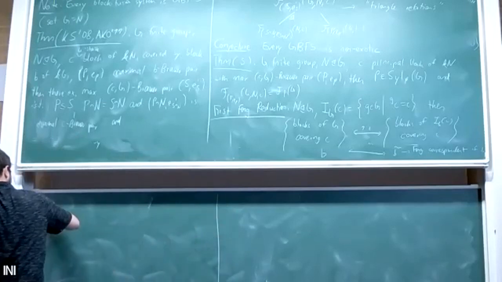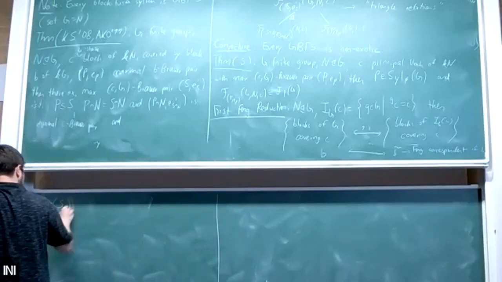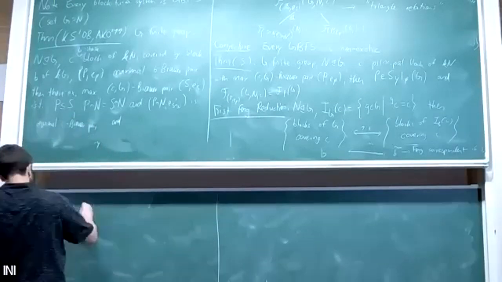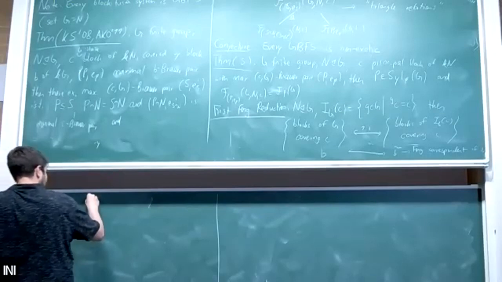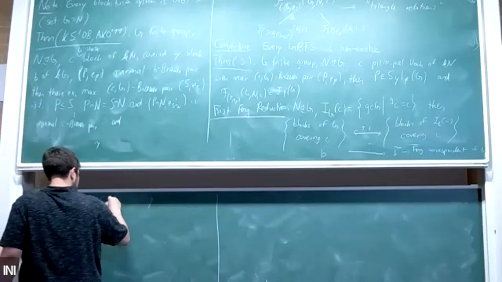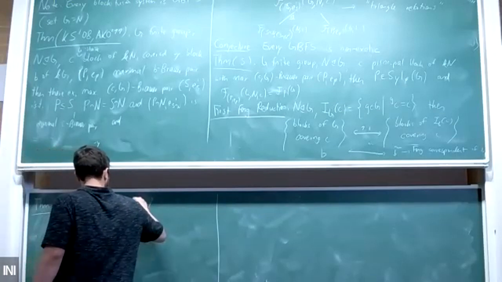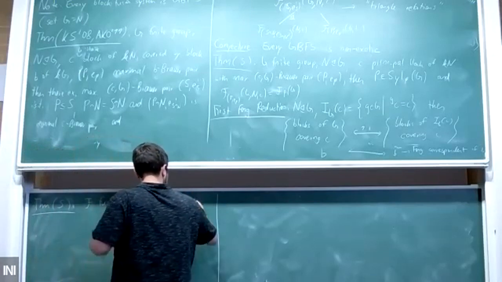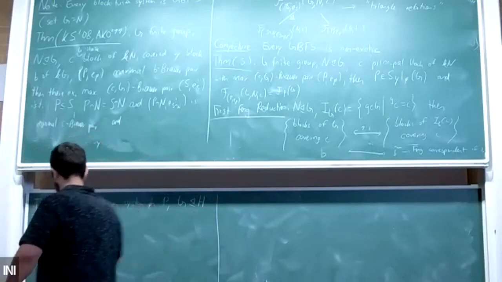So this is another theorem which I proved in my thesis. So we take again F to be a fusion system on P. Take G, a normal subgroup of H. So they're both finite groups.